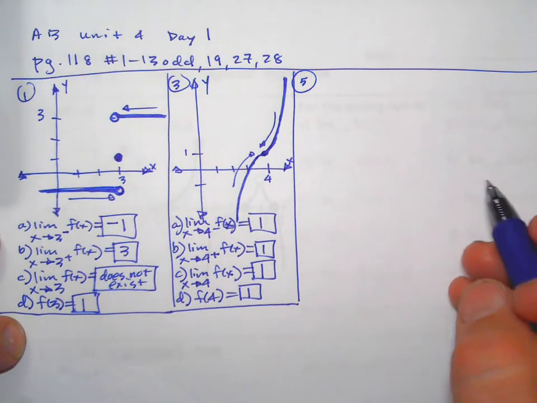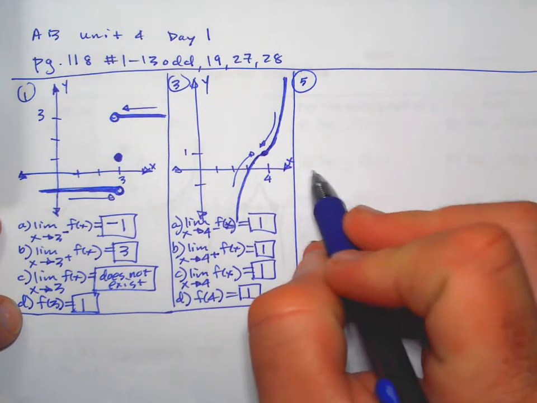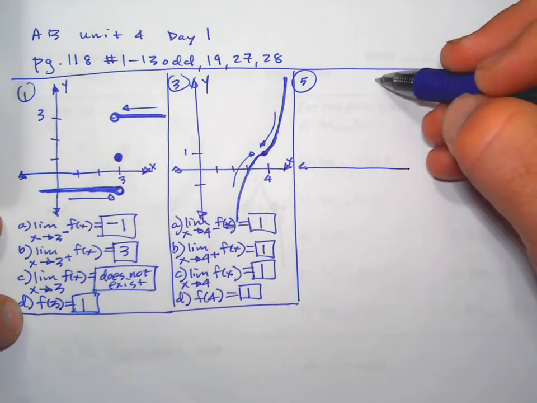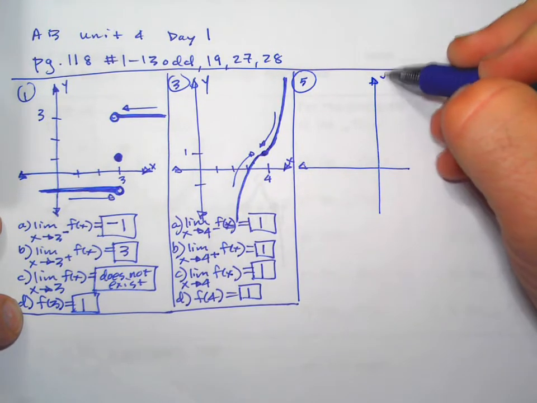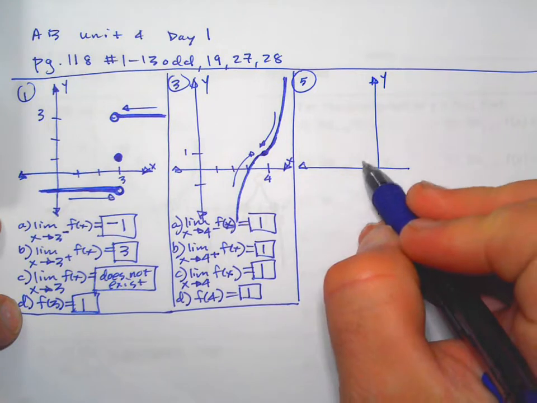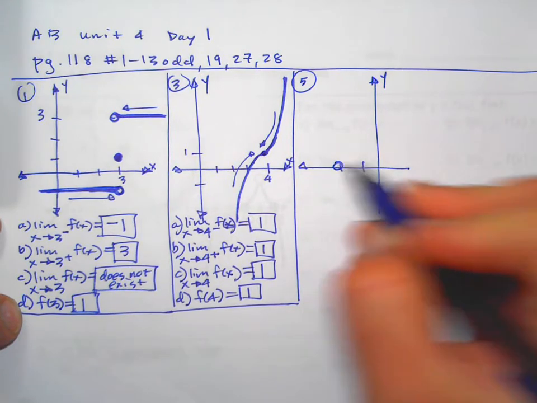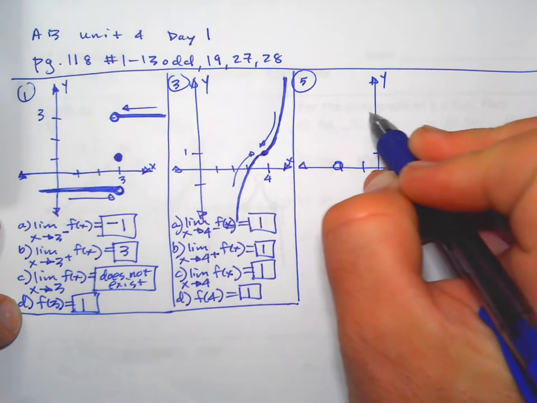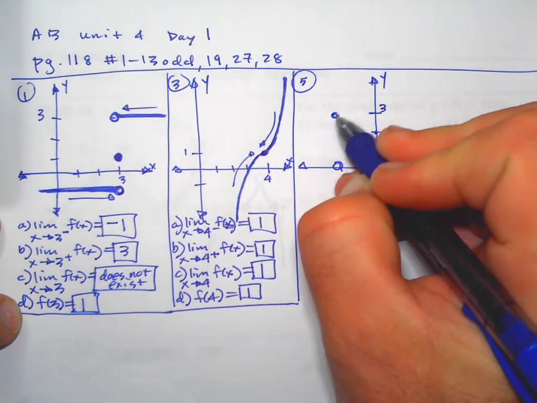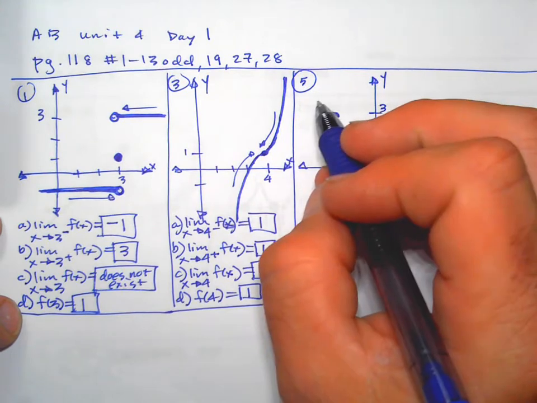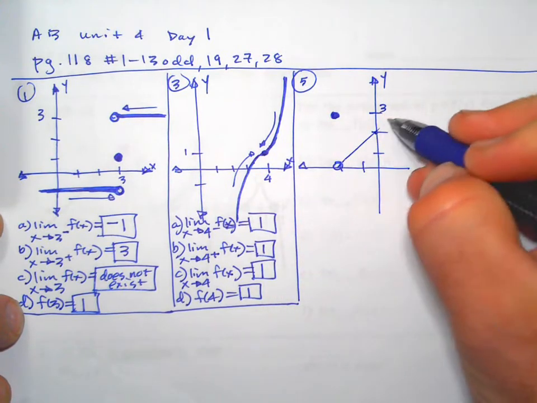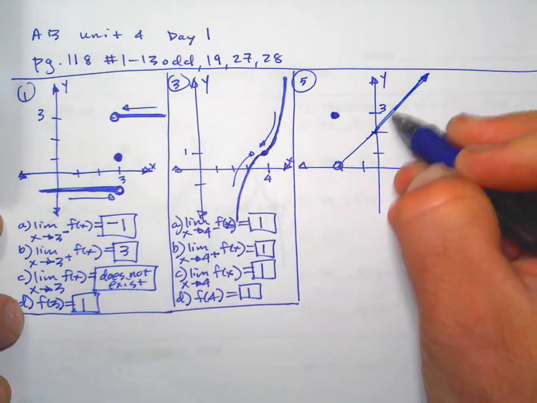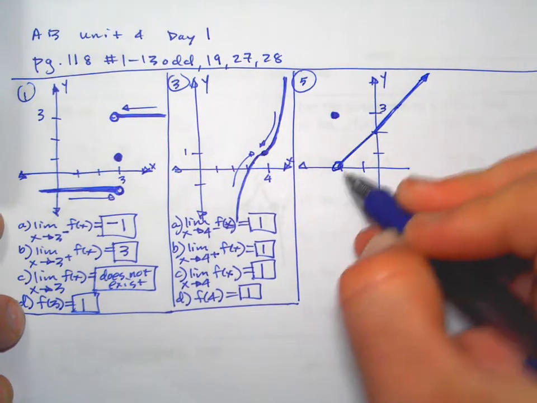Draw a sketch. So it kind of looks like an absolute value graph. That's an open dot.